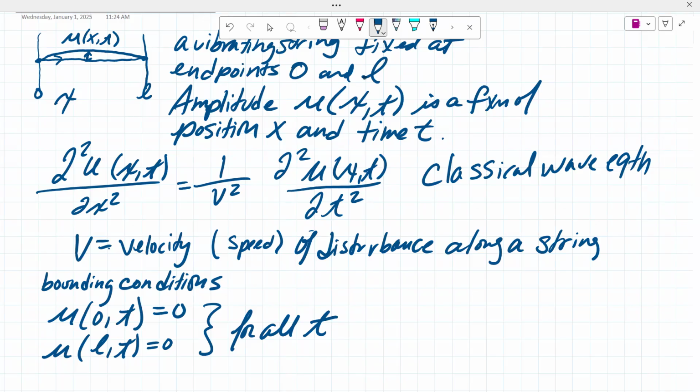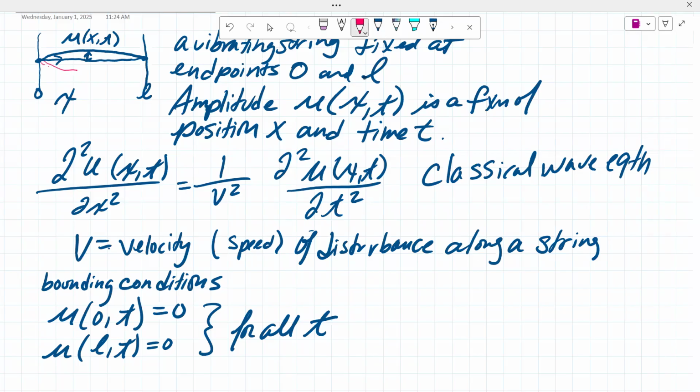And the same thing is for the other end. This says at the position x, at the length of the string, that is the other side of the string, which is also bound, for any time, the displacement is going to be 0. This wave is being displaced above, and of course it could also be displaced below.